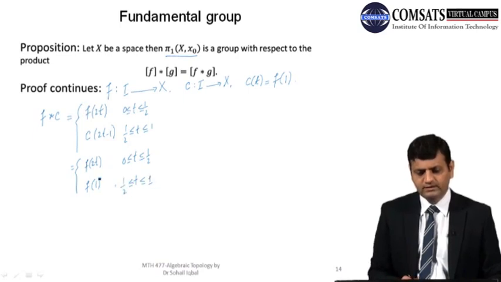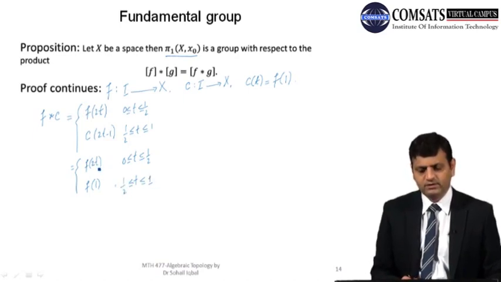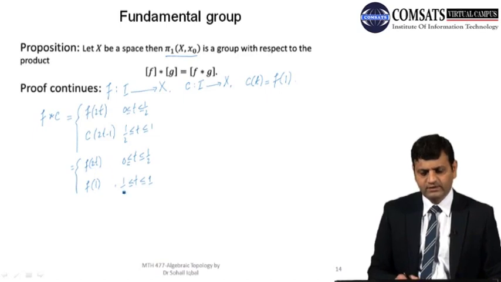So basically we are getting the same path. When t varies from 0 to 1/2, we are getting the path f. But when t varies from 1/2 to 1, we are still at the same value f of 1.